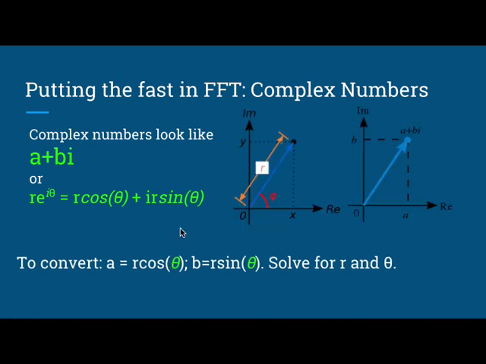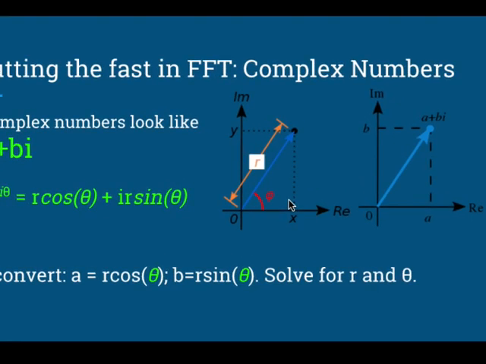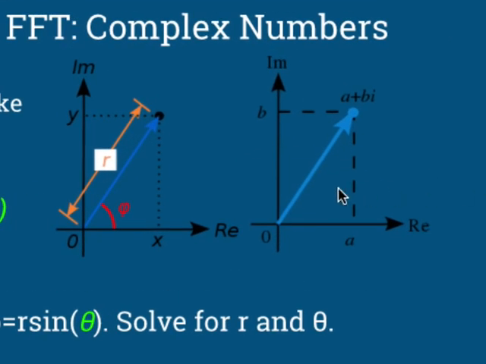Now, these complex numbers, I don't know if you guys can see. Let me zoom in. How's that? Better? Okay. So this is the complex number representation in polar form. This is how you can draw it out. This is the y-axis, this is the x-axis. We use the x-axis for the real part.